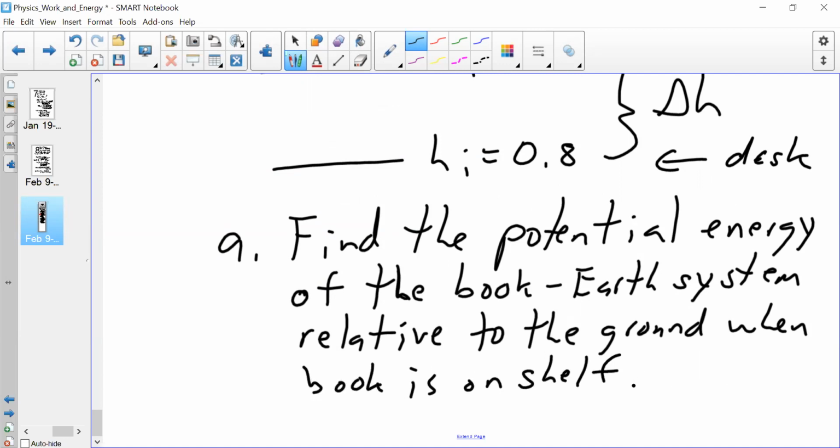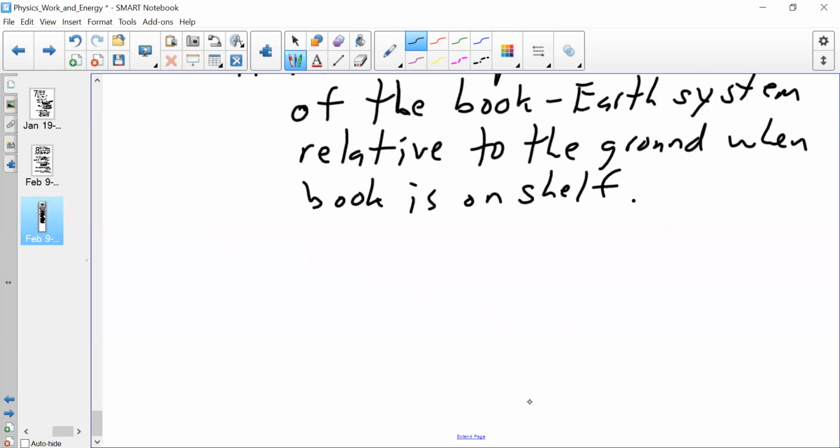I'll give you a chance to do this in 10 to 15 minutes of breakout rooms, just to ponder this. Find the potential energy of the book Earth system relative to the ground when the book is on the shelf.